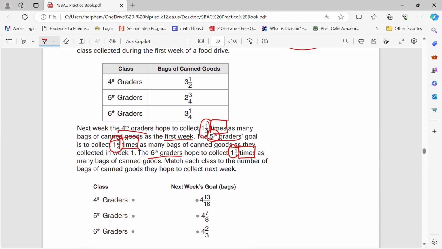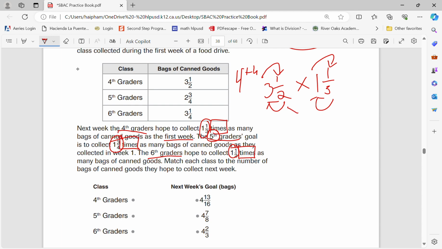All right, so let's start off with our 4th grade class here. We have 3 1/2, and we're going to multiply that by 1 1/3, which they hope to collect this time around. And again, the first step is to rename our mixed number into a fraction.